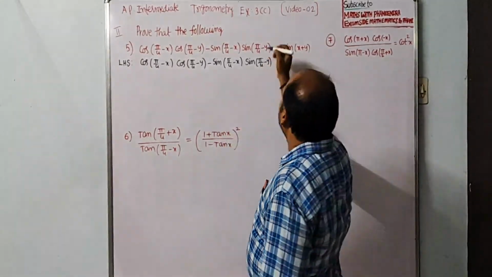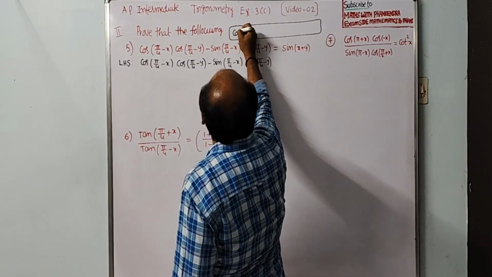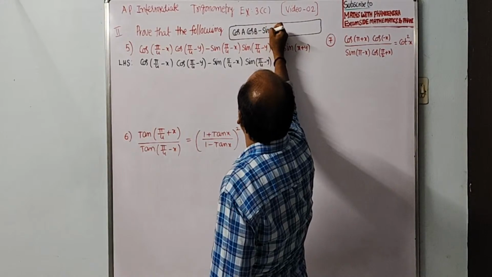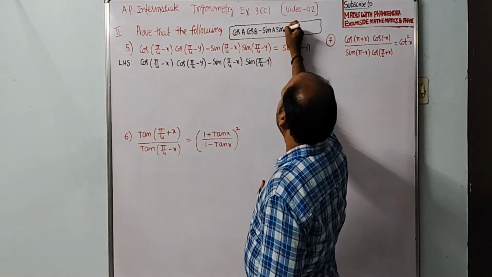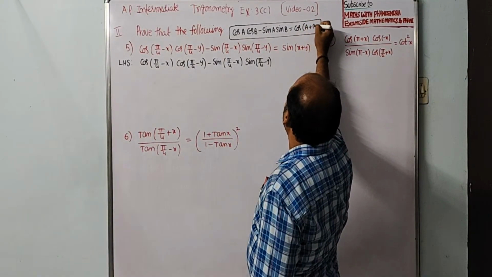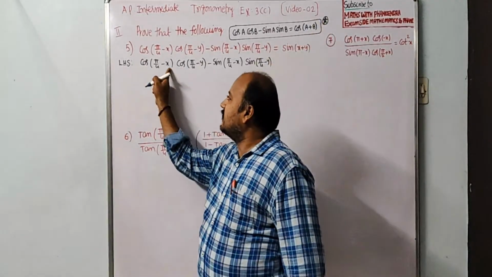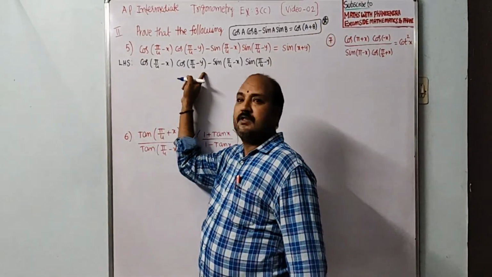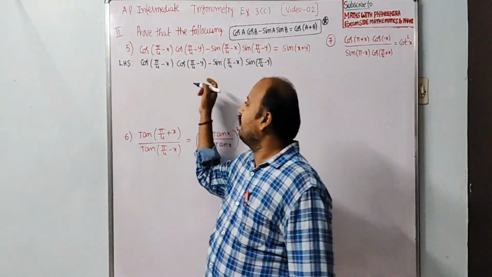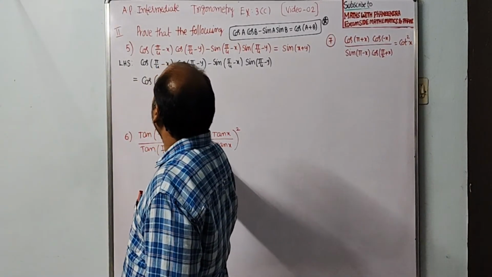We know that formula for cos A cos B minus sin A sin B is equal to cos of A plus B. You have to remember, dear students. So this means this is cos A, this is cos B, minus sin A, sin B, which is equal to cos of A plus B.